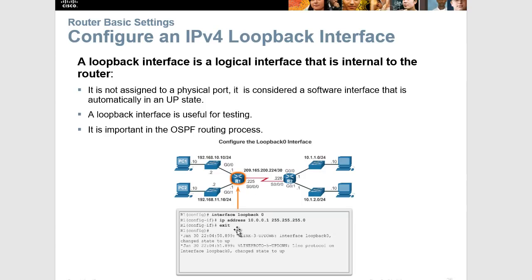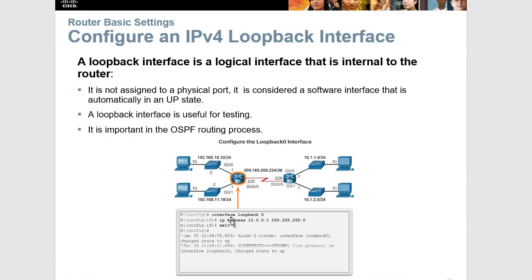It is not associated with a physical port. It is an internal address unique to the router. Okay, so it's basically used for testing and management and a way for the router to identify itself in certain processes such as OSPF.